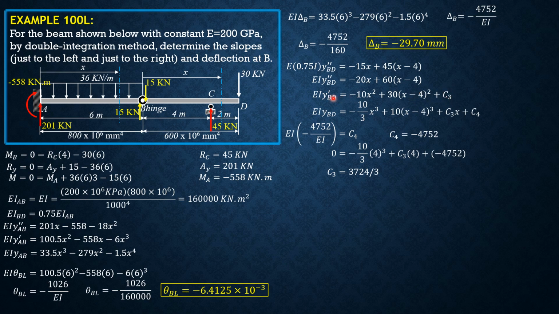Since this is the slope, that's the slope at B just to the right. Therefore, theta B right is equal to 3724 over 3 EI, then divided by 160,000. So theta B right can now be computed, and that completes our solution: 7.758 times 10 to the negative 3 radians.